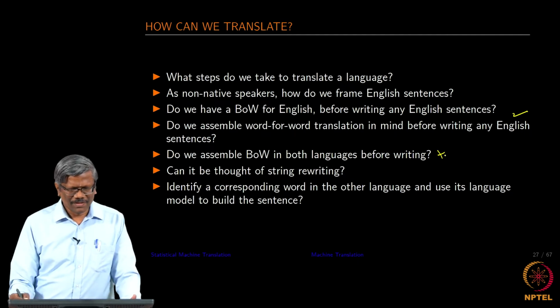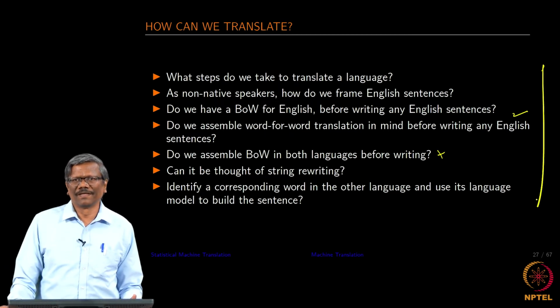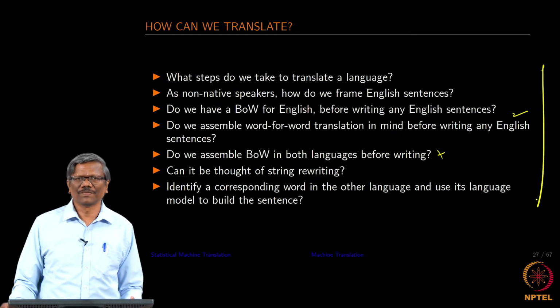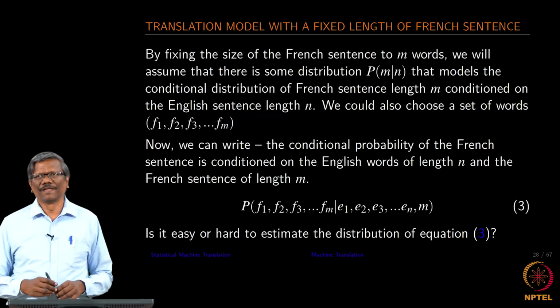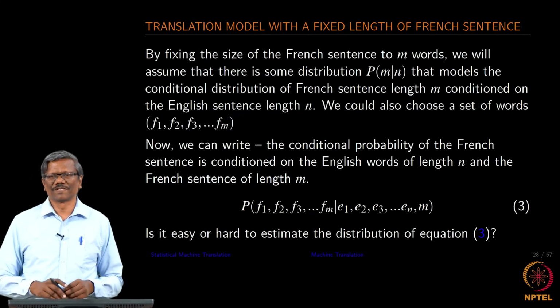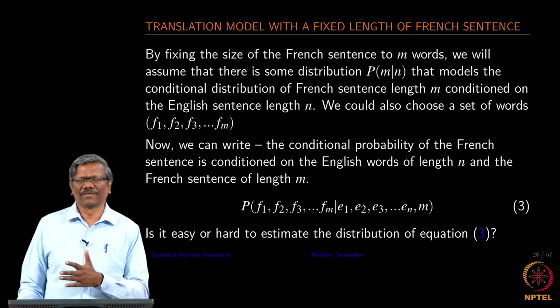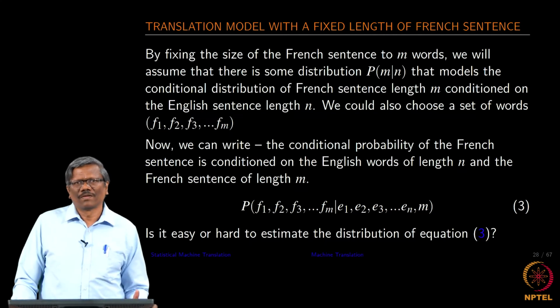So, these are all things we, even though we have been doing this day in day out, we have lost the ability to code this in certain algorithms to solve the problem, correct. So, that is what we need to bring into this. If we have to get a handle on how to translate from one language to the other, we apply certain constraints in order to translate from French to English.